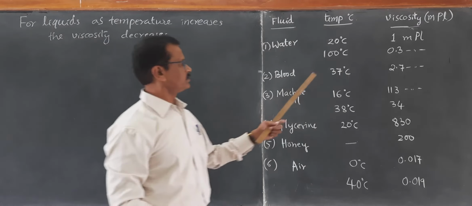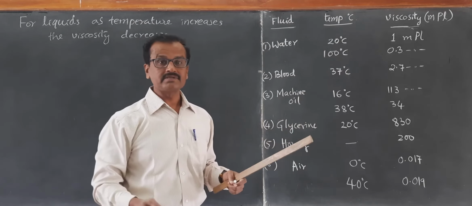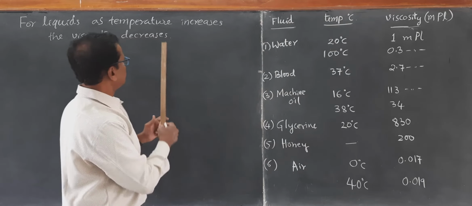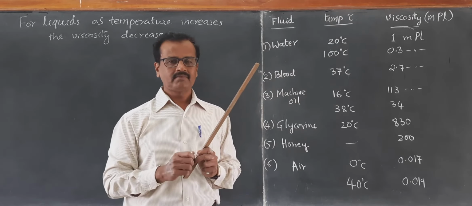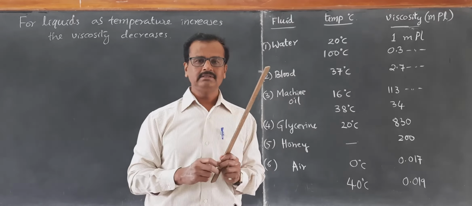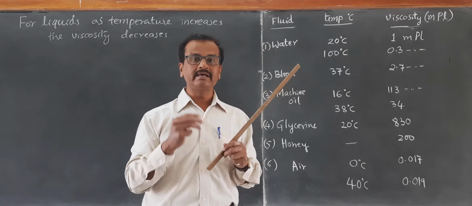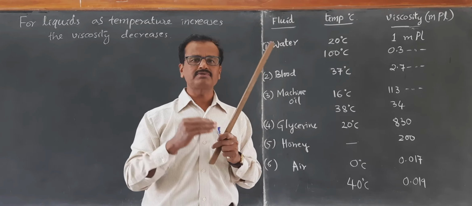On the other hand, as you decrease the temperature from high to low, the viscosity increases. How do you explain this? Viscosity is explained based on molecular bonding. As we increase the temperature, the interatomic or intermolecular force decreases.